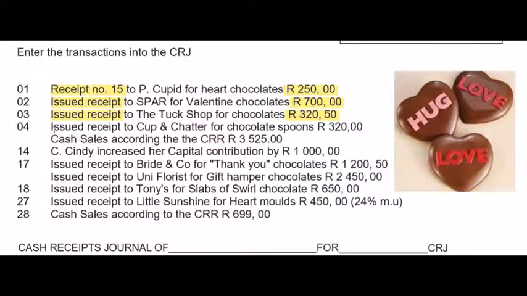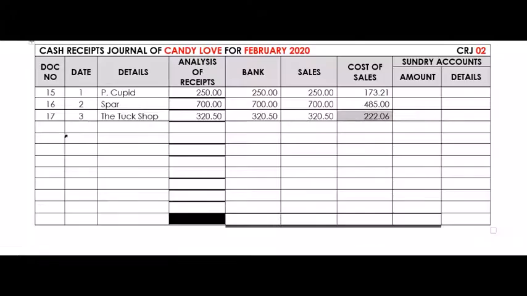Then on the fourth, there are 2 transactions. So now this will affect when we cash up our till or when we bank the analysis of receipts values. The first one was we issued a receipt to Cup and Chatter for chocolate spoons, 320 Rand. So it will be receipt number 18 on the 4th to Cup and Chatter, and we received 320 Rand, but we can't bank the money yet because it's not the only transaction for the day.